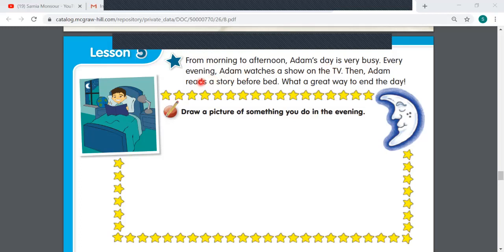Every evening, Adam watches a show on the TV. Then Adam reads a story before bed. What a great way to end the day.